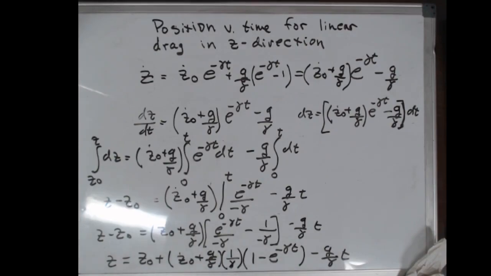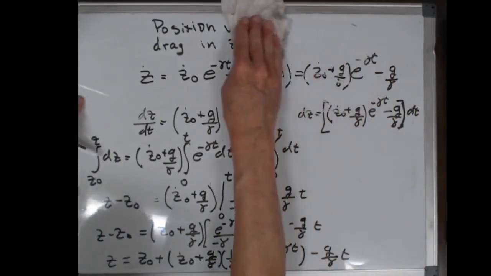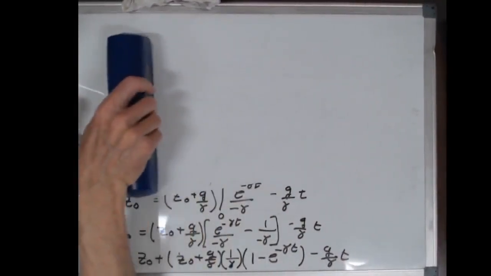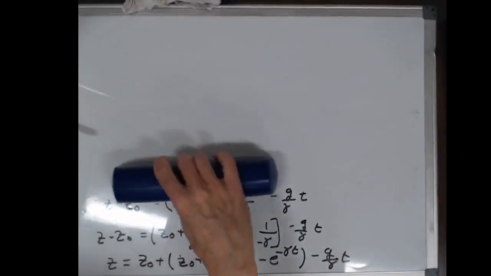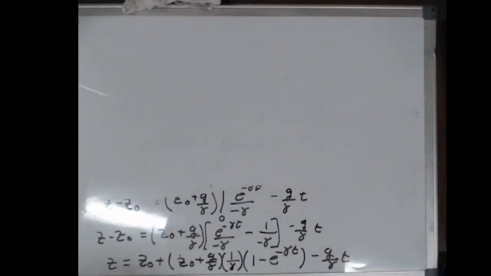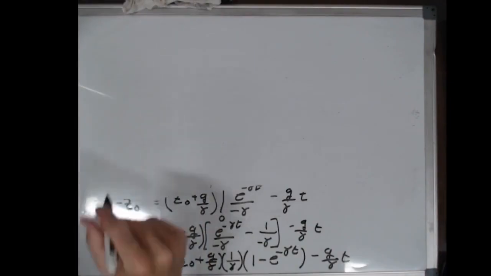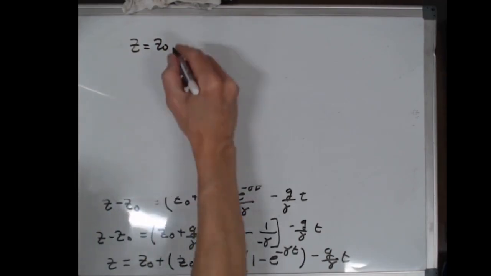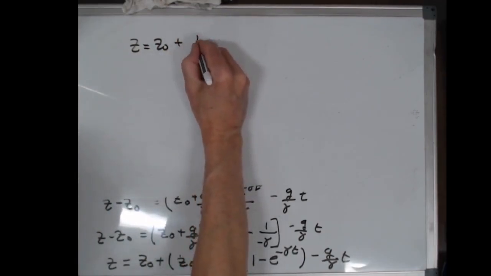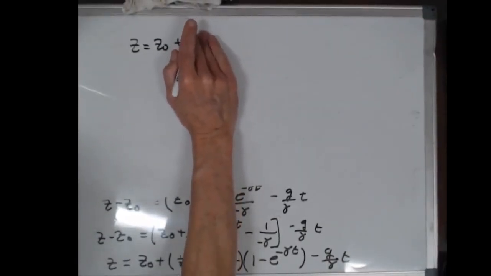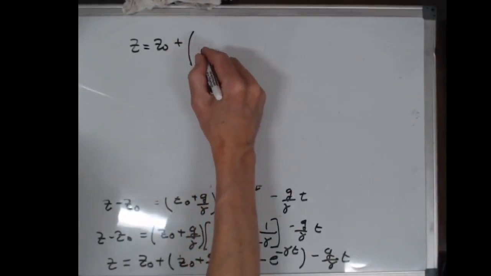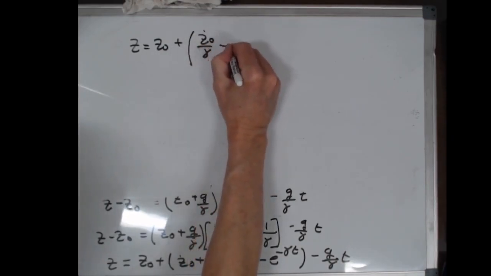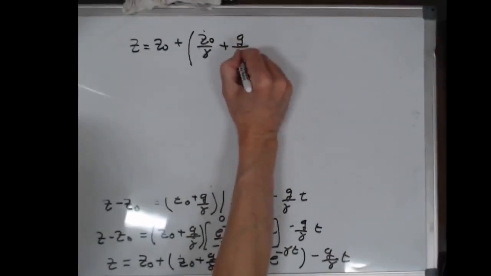Maybe I'll just erase the page and write it a little cleaner here. And so I might write it this way: z equals z naught plus, so I'd have a 1 over gamma. Maybe I can just write it this way. How about this? z dot naught over gamma plus g over gamma squared.